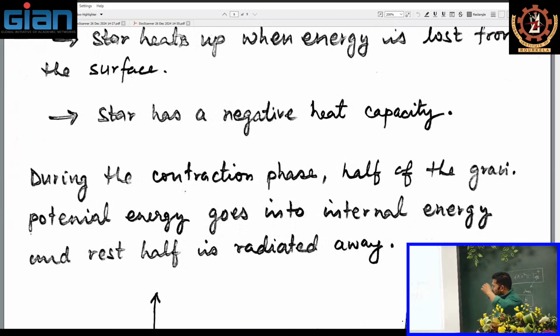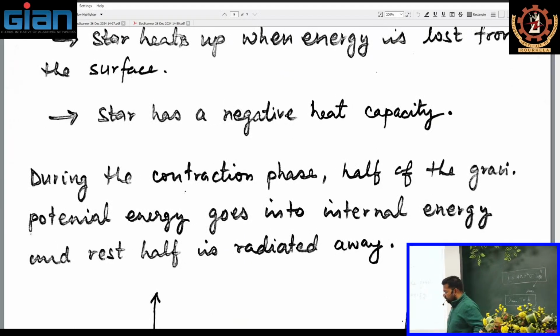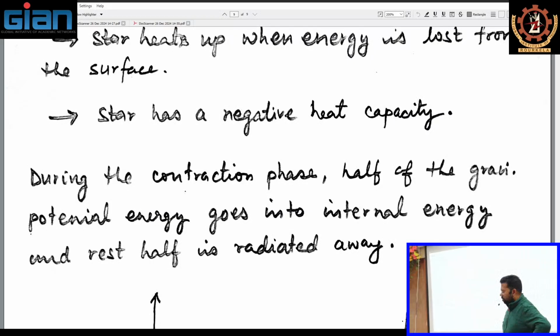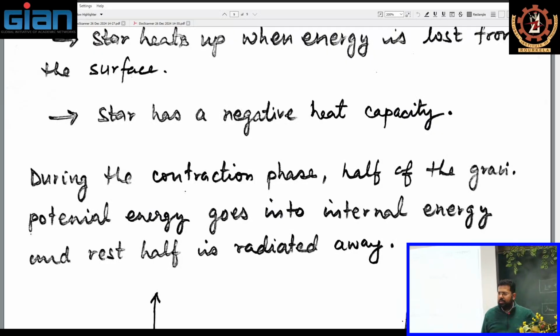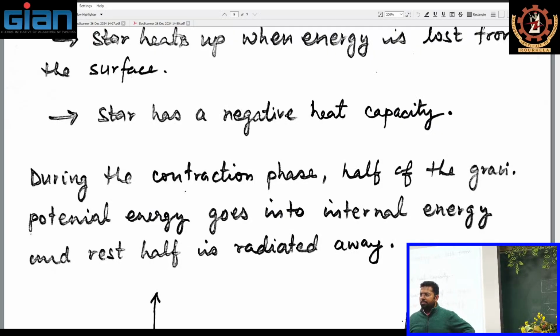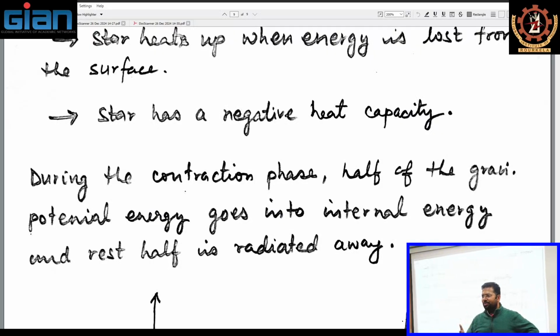So generally, one of the very famous ways of arguing is this: when you look at many standard textbooks, or when we study at school level, most of the time it is taught that the primary source, or the only source, of energy in the star is nuclear energy, right?